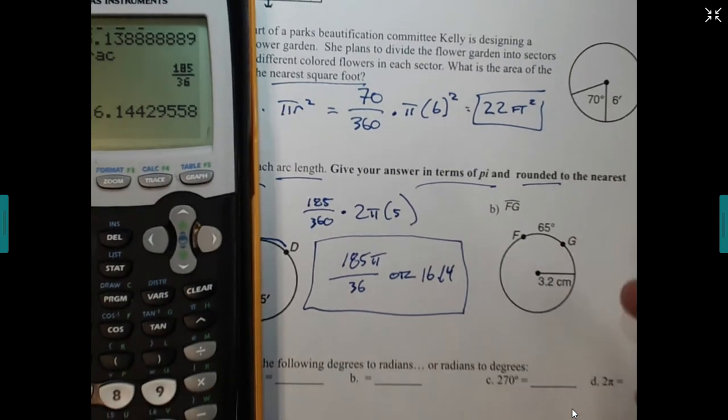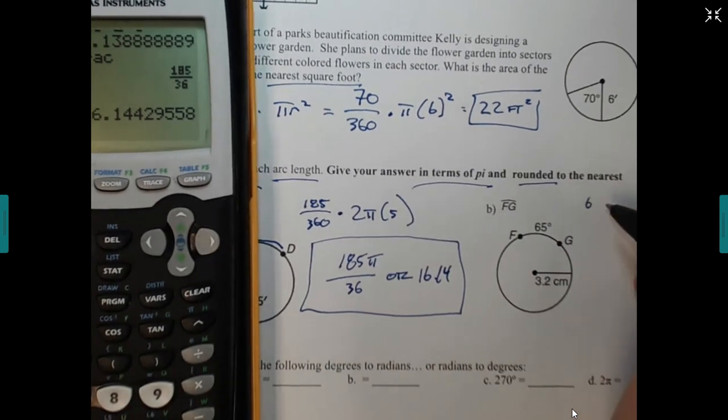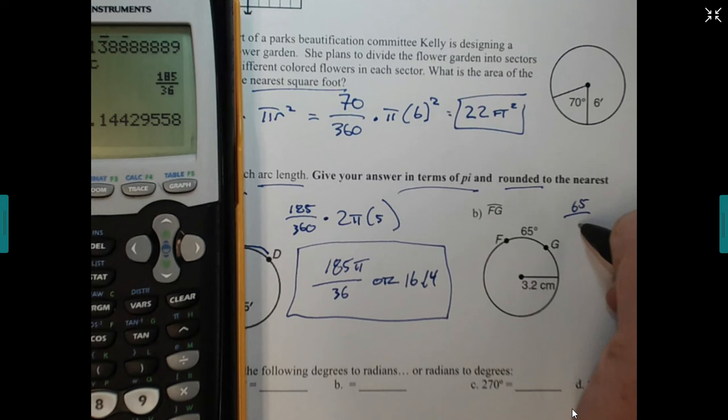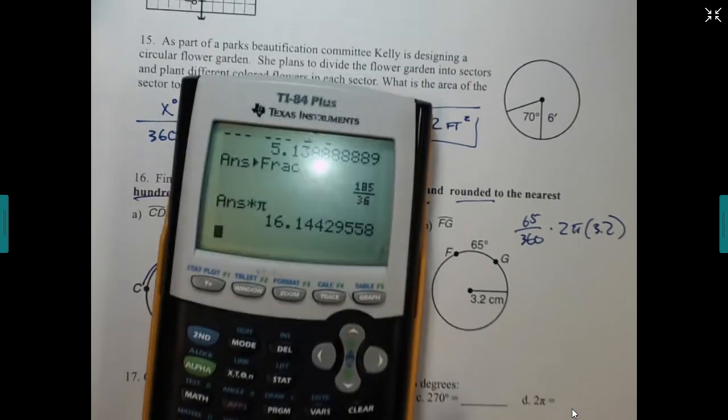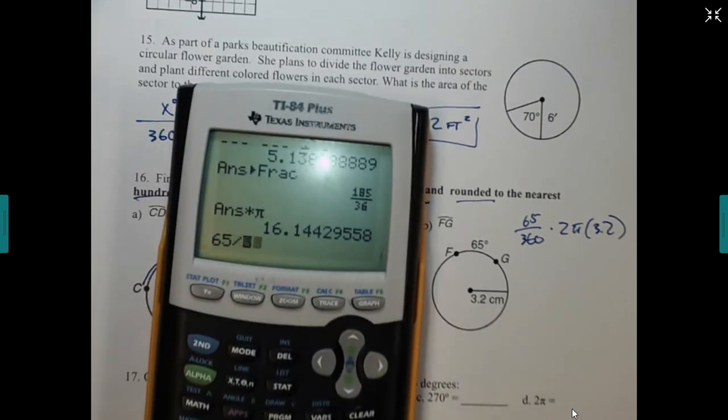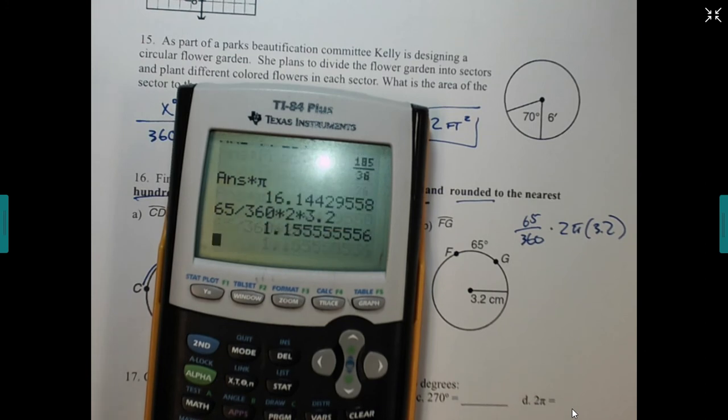Let's play the game again. 65 degrees out of 360 times 2 times pi times 3.2. So again, 65 divided by 360 times 2 times 3.2. See if I can get a fraction out of that.